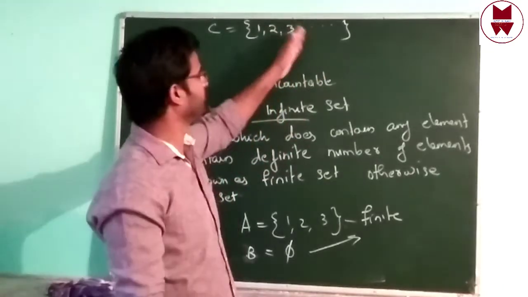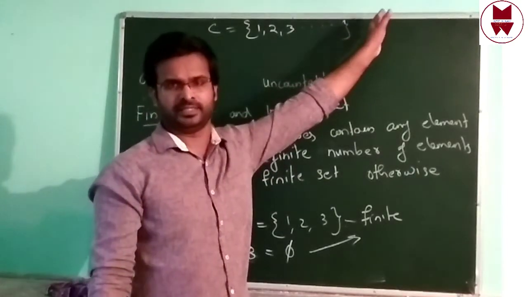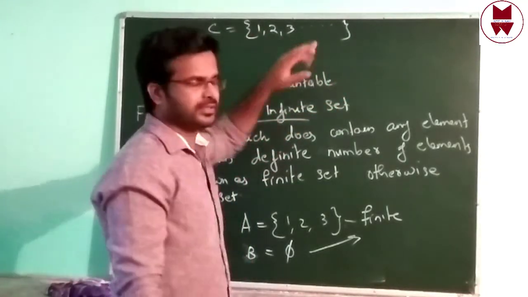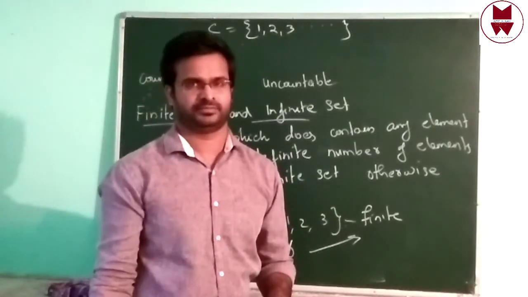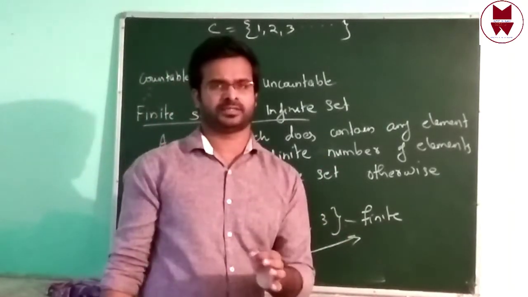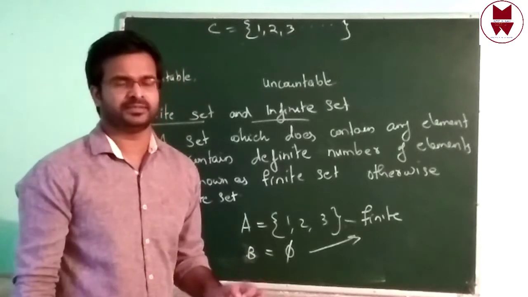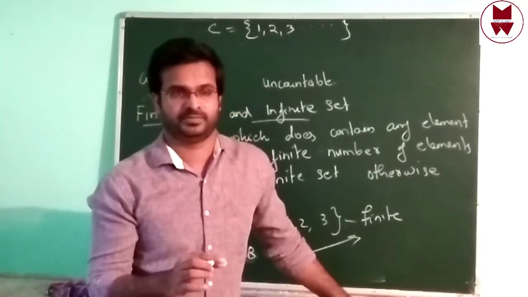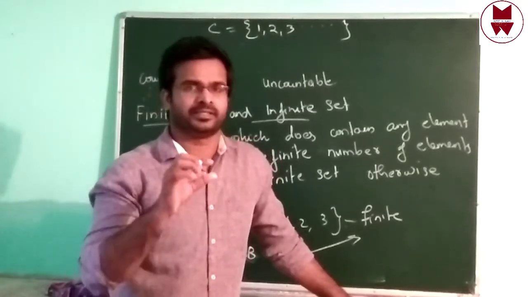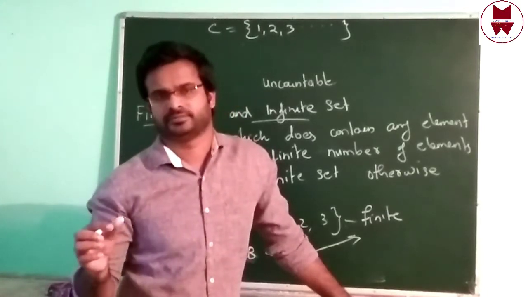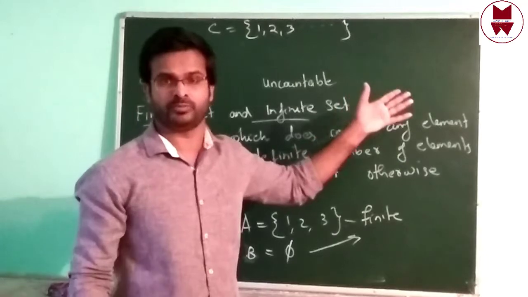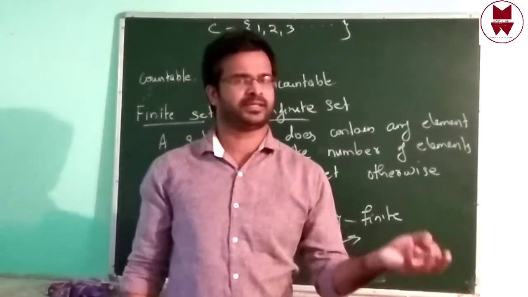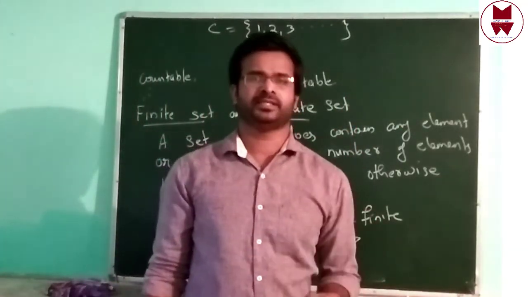We cannot count. That is infinite, isn't it? That means this set is an infinite set. In that way, you can understand that a finite set means the number of elements is definite. We can count. But an infinite set, we cannot count. All natural numbers, how many? We cannot count, isn't it? That is an example of an infinite set.